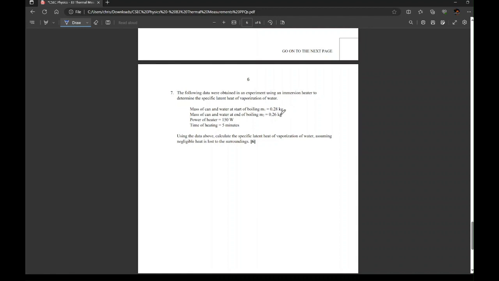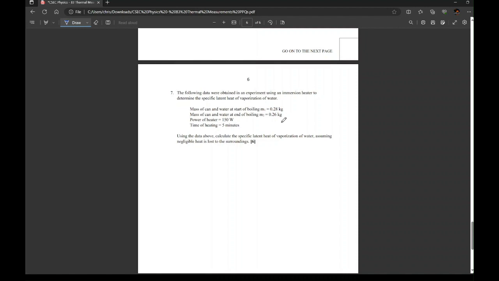The reason we know it's changed to gas is because at the start we had 0.28 kilograms, and when we finished it was 0.26, right? So if we lost some of that water, then the only logical place that water could have gone is that it vaporized and dispersed into the air, right? So that means that 0.02 kilograms of water was vaporized, right?